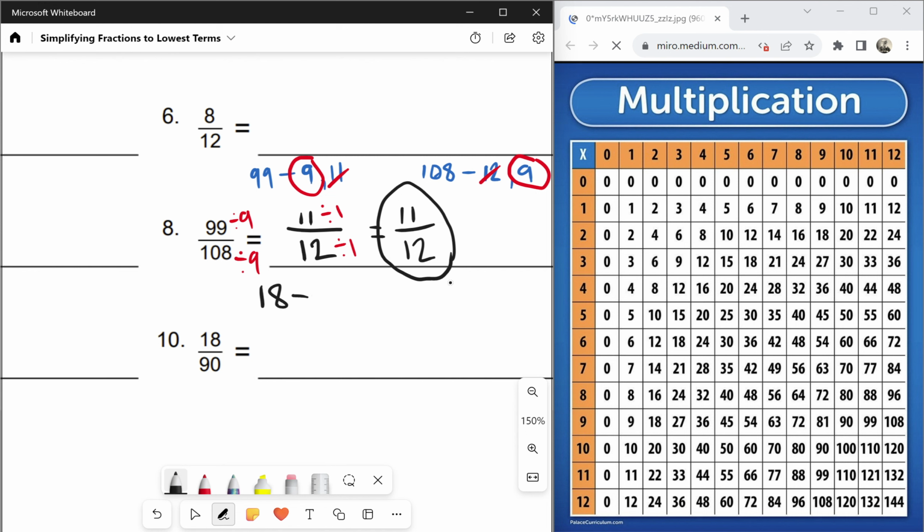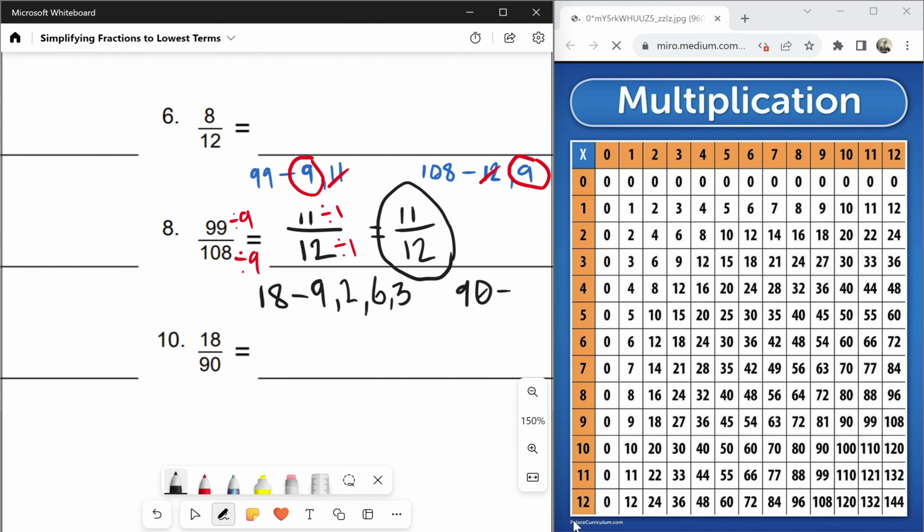I'm going to list those factors that I can find here. What can 18 be divided by? What can 90 be divided by? Well, I'm going to check for 18. It can be divided by 9. It can be divided by 2. It can be divided by 6. Can be divided by 3. So 9, 2, 6, 3.